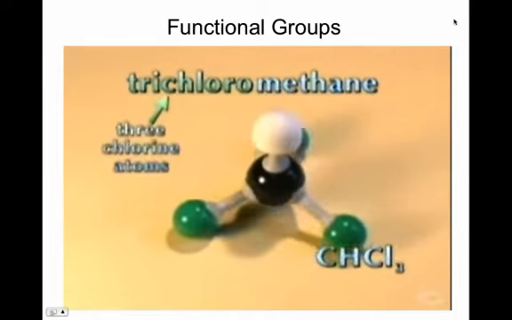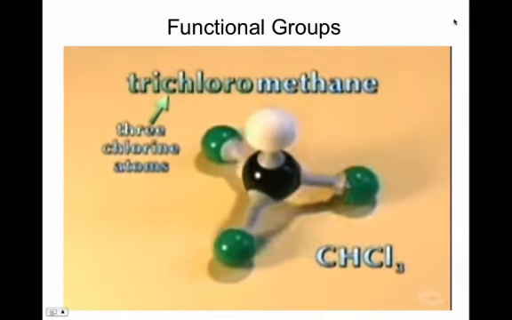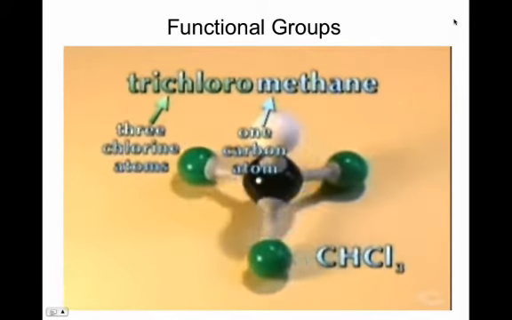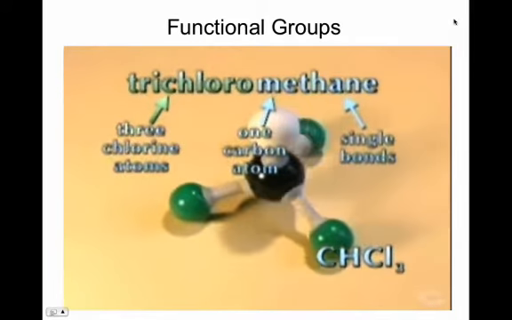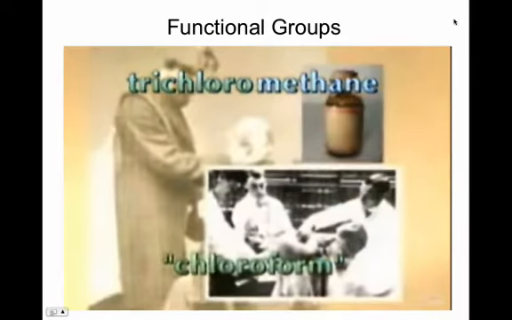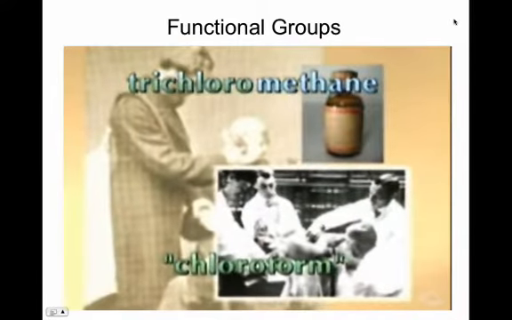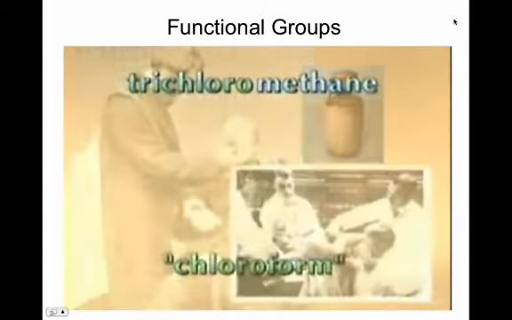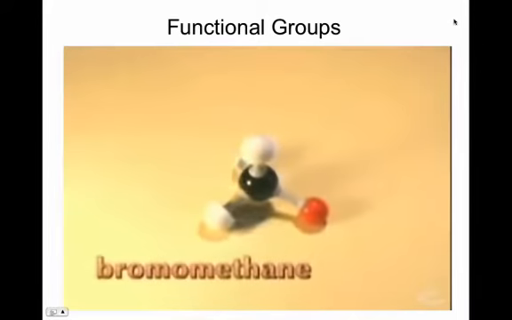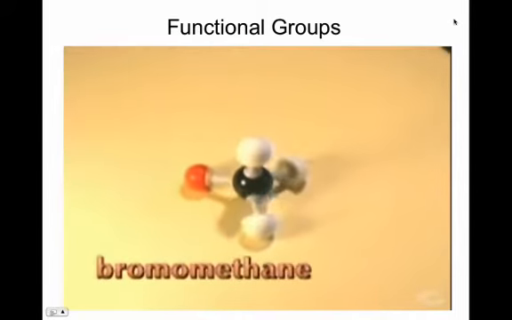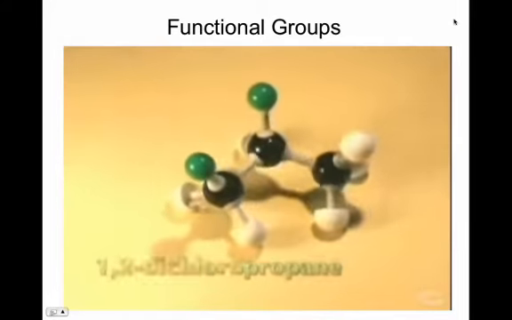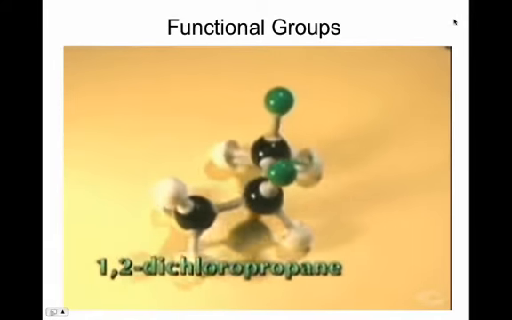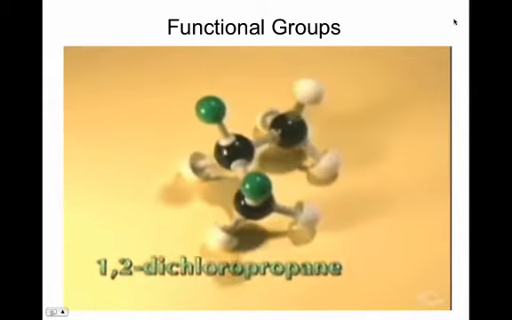Trichloro, 3 chlorine atoms. Meth, 1 carbon atom. And ane, single bonds. This compound was known as chloroform, a chemical widely used as a solvent and once used as an anesthetic. There are many halocarbons. Most have chains of carbon atoms bonded to hydrogen and other atoms from the halogen group.